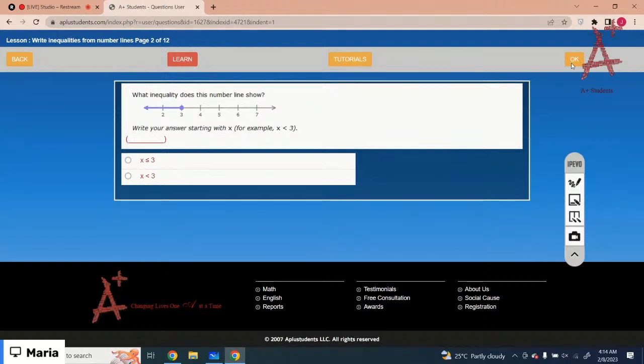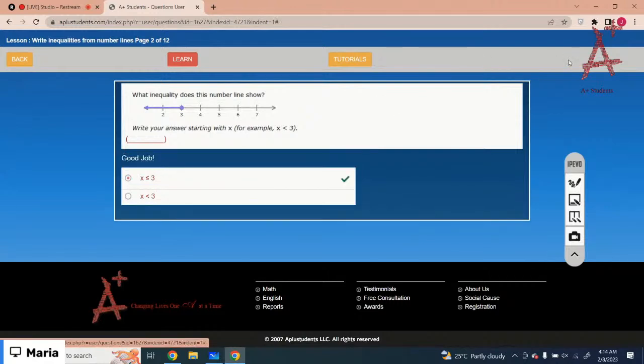So it would be x is less than or equal to 3. So the correct option is x is less than or equal to 3. Just select the correct option then click on the OK button.